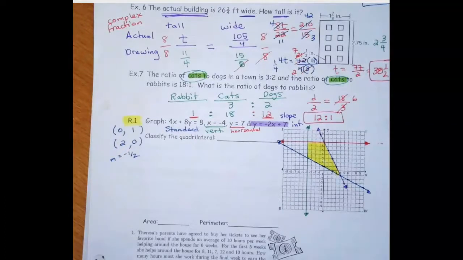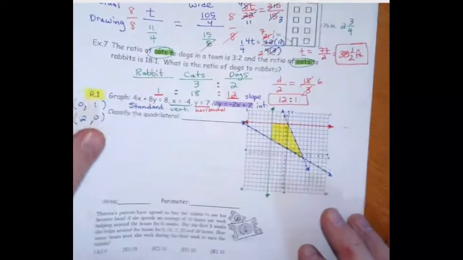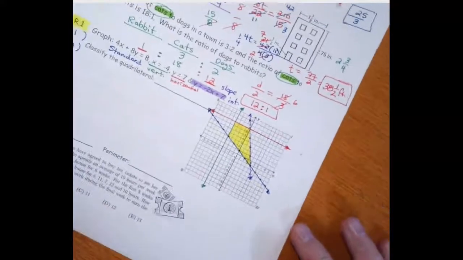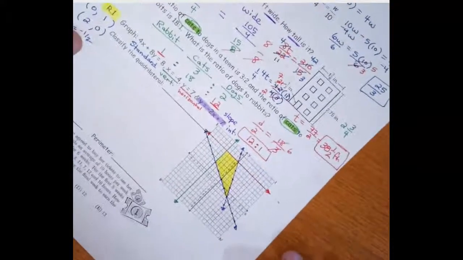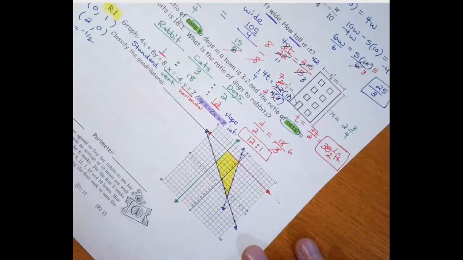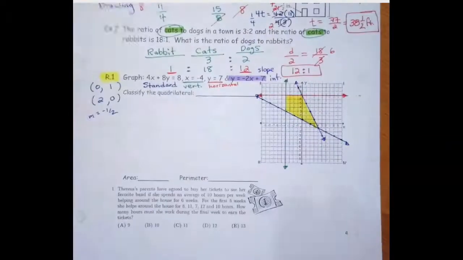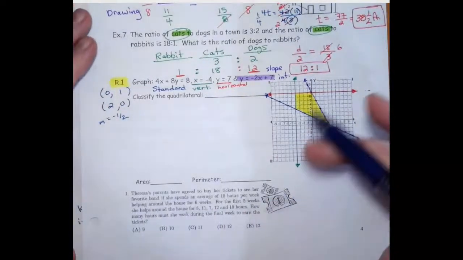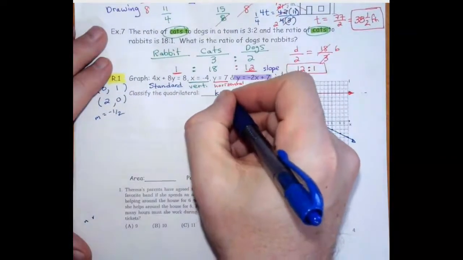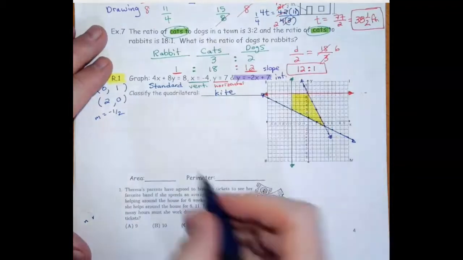A lot of times we get stuck in one point of view and we need to change that. And so maybe if you turn it around, move it, maybe right here it will come into view for you and you can say, oh yeah, that's a kite. Okay, so classify the quadrilateral. It's a kite.